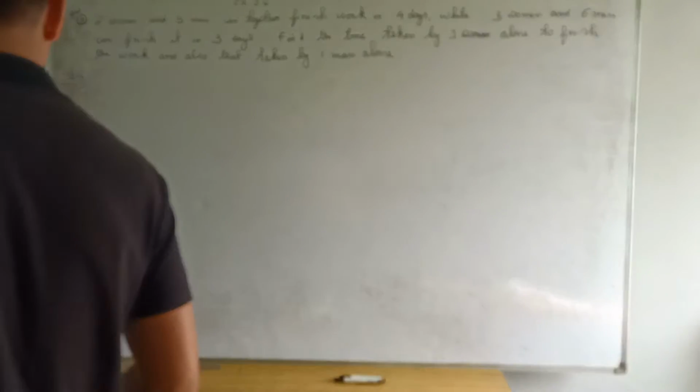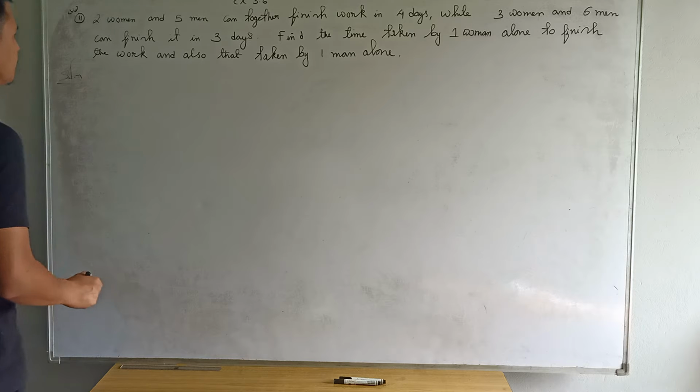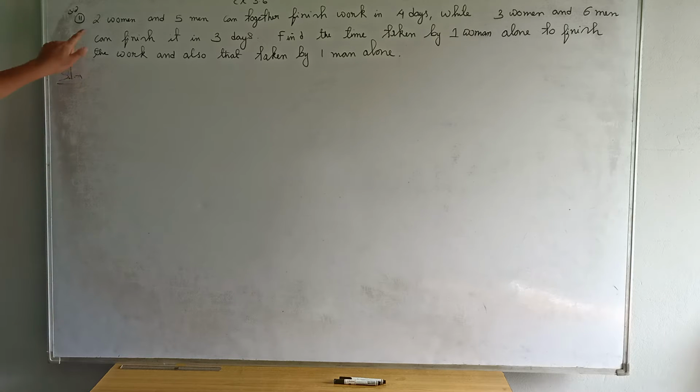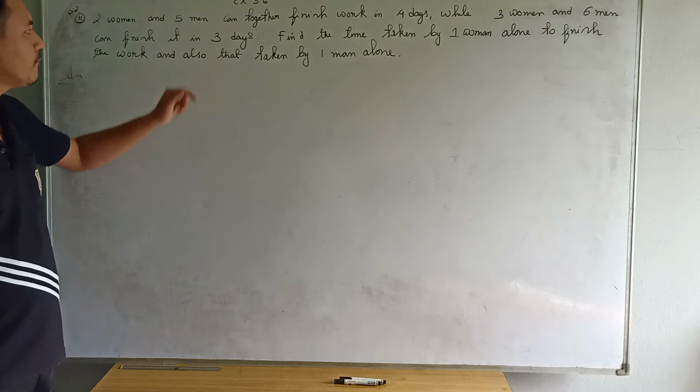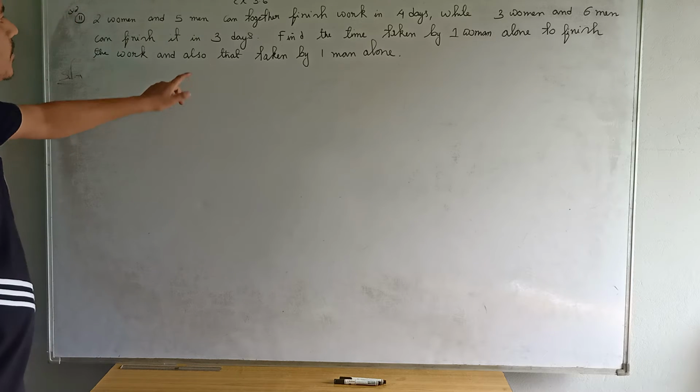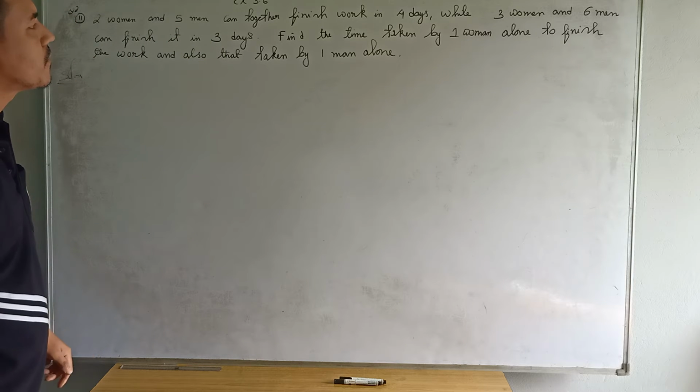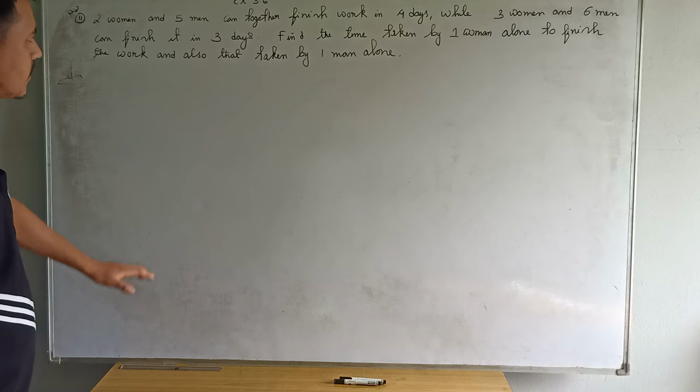So we come to question number 2, Roman 2. The question says, 2 women and 5 men can together finish a piece of work in 4 days.